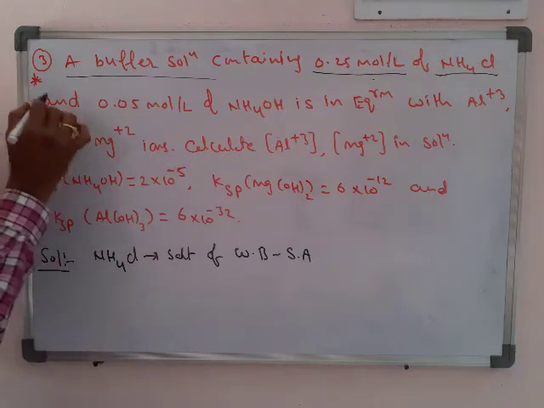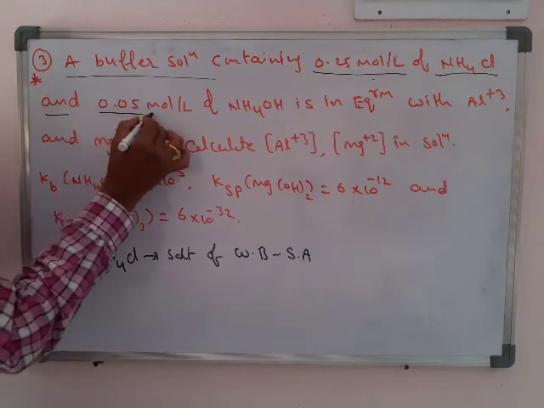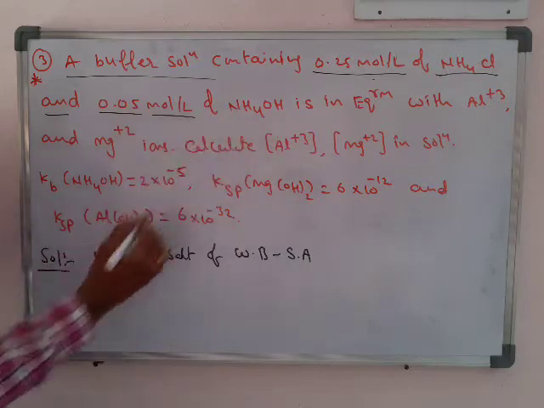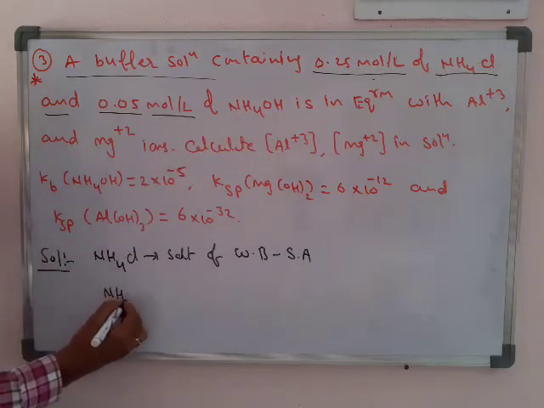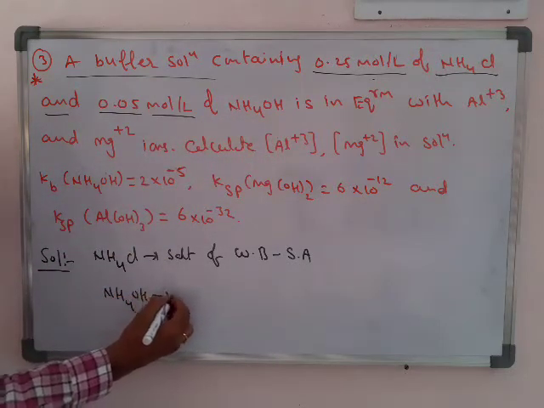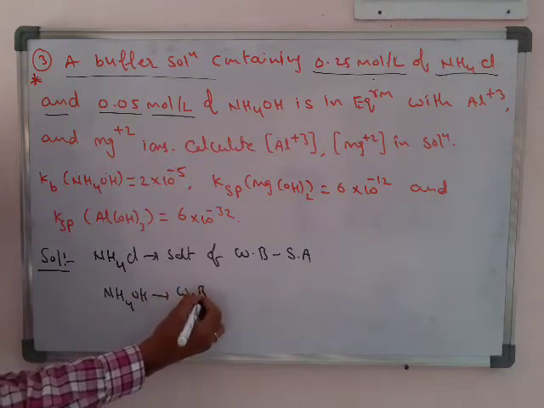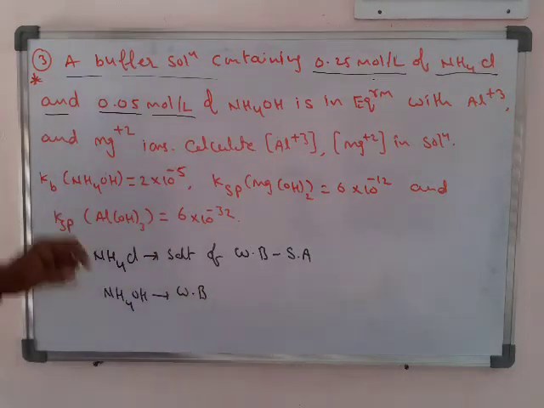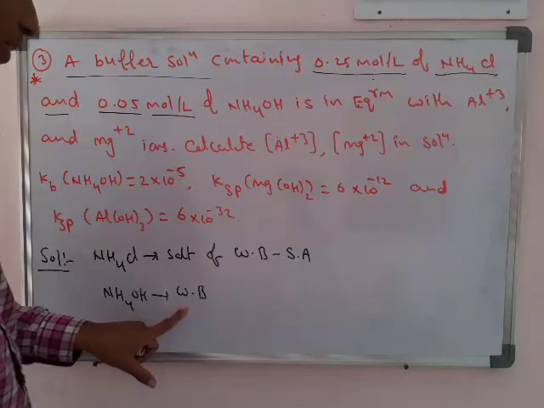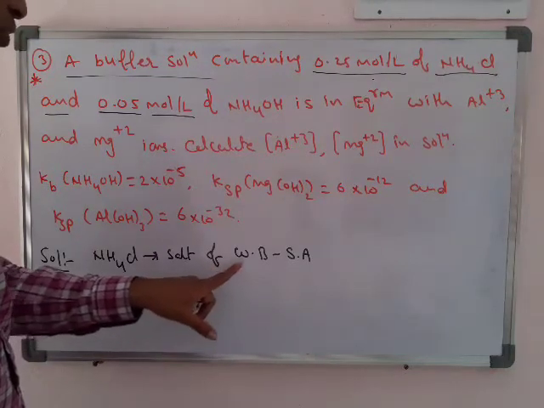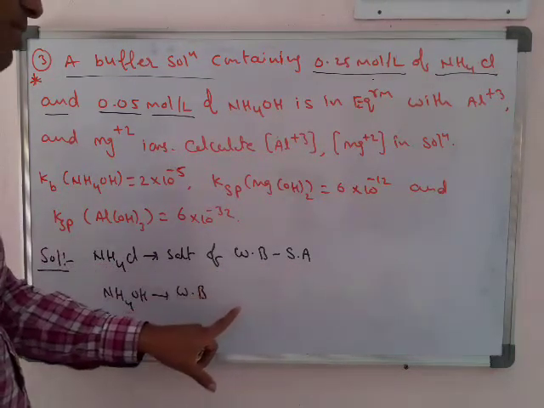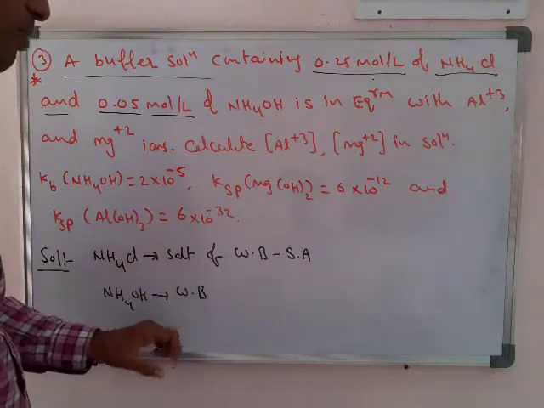And the solution contains 0.05 moles per liter of NH4OH. We know NH4OH is a weak base. So in that solution there is a mixture of a weak base and the salt of that weak base with a strong acid. This will be treated as a buffer solution.